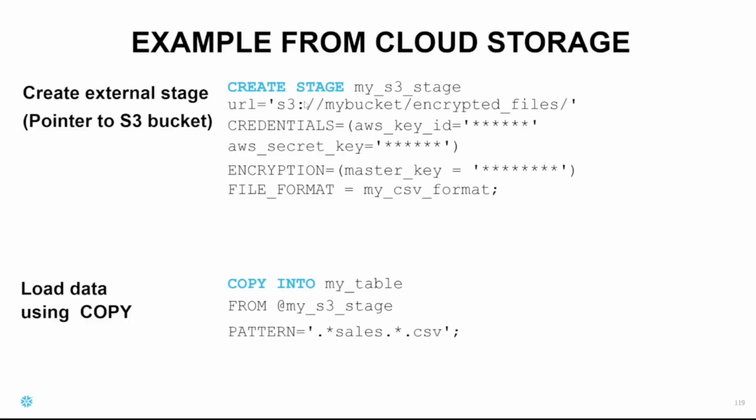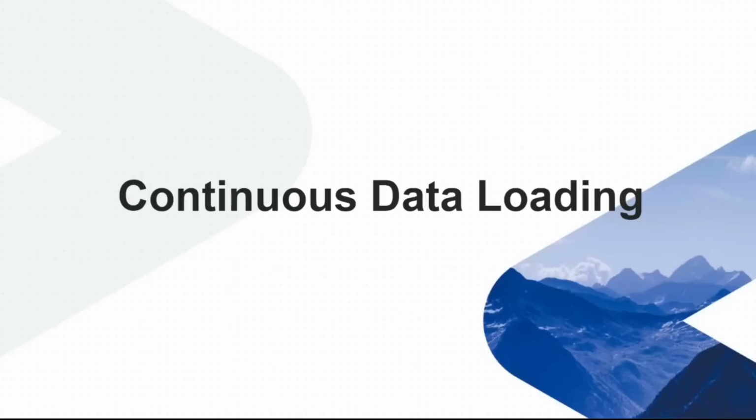So we will see how we first create that storage integration, and by using that storage integration we will create a stage, and from that stage we run a copy command into a table from the external stage from where you are accessing the data and then load into that particular table. So this is how you can use the external stage to load the data to your Snowflake table.